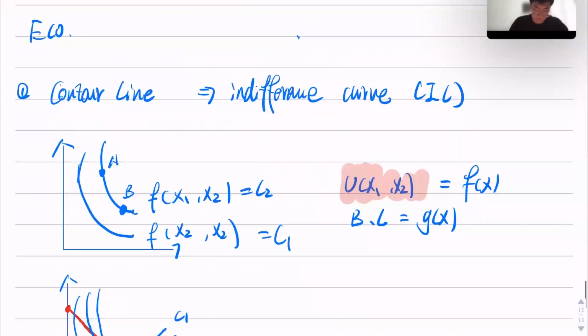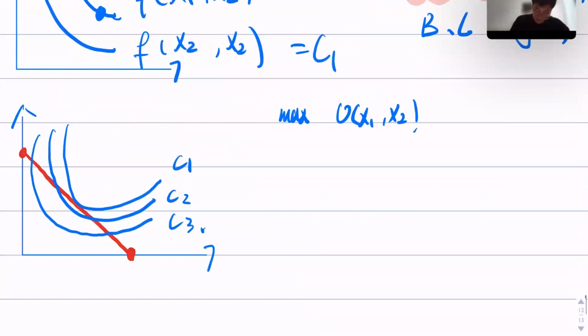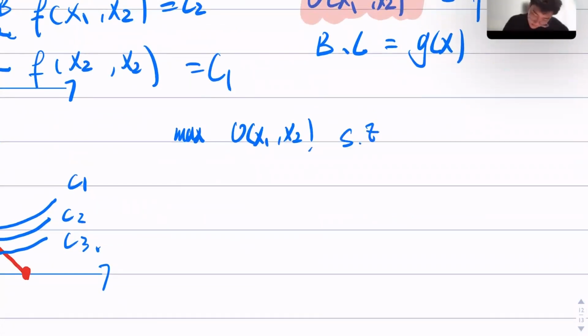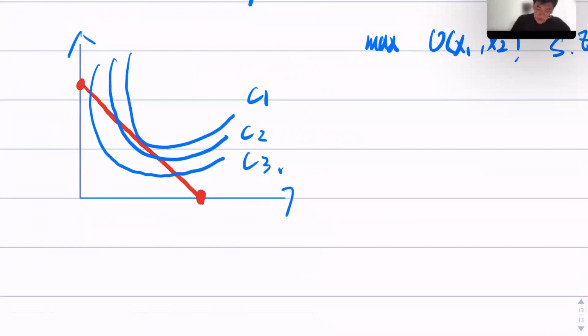Same in economic views. Here we're trying to maximize our utility function u of x1, x2, subject to the budget constraint. That is, we're moving along this curve in these directions to find which bundle, for example, this bundle x1 star and x2 star.